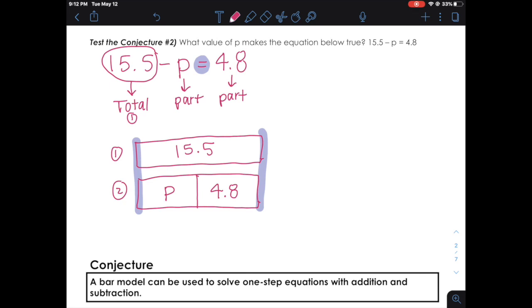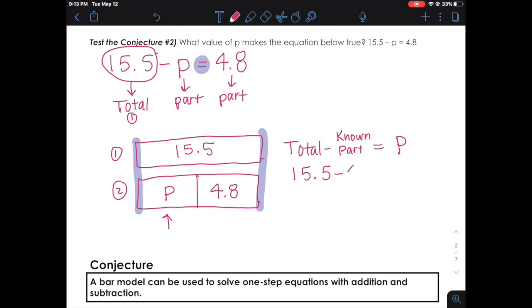So in order to find our missing value, which is P, we have a total and we have a part. So I'm going to take that total, subtract the known part, and then it's going to give me my variable. So let's plug in what we know. Our total is 15.5.